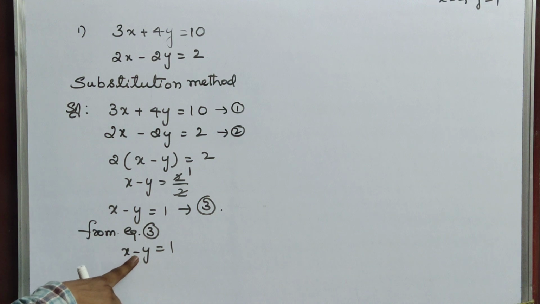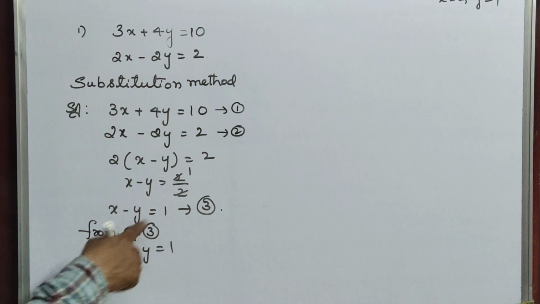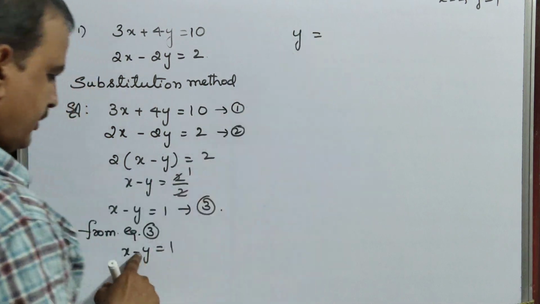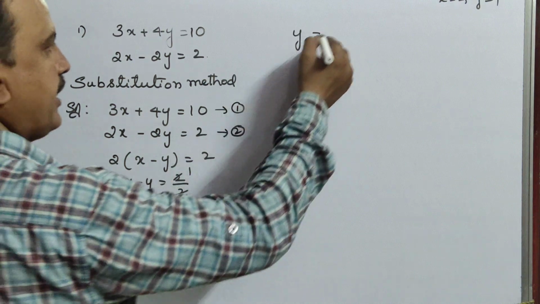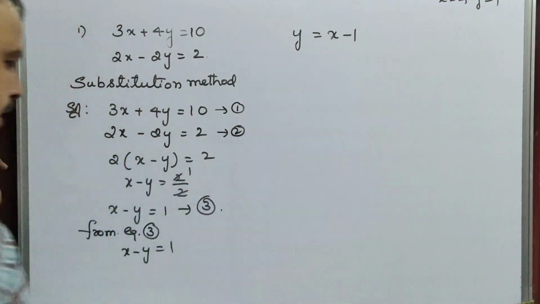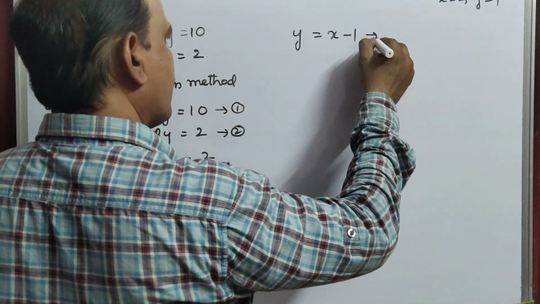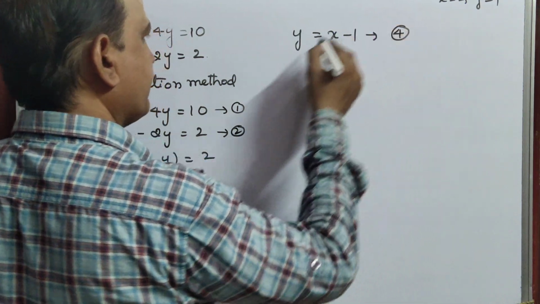If you send y that side and bring 1 this side, it becomes easy. That means y equals x minus 1. So, this is equation 4.